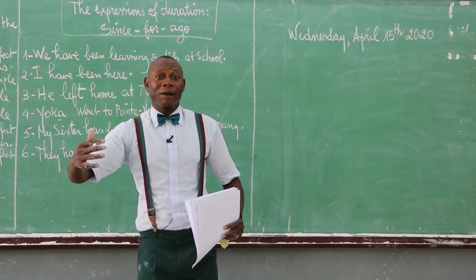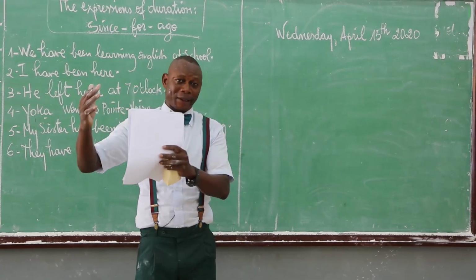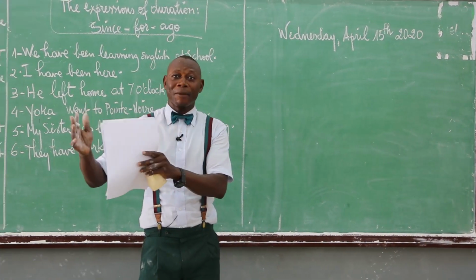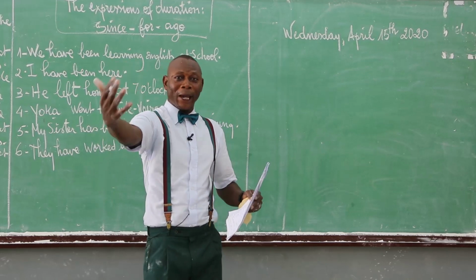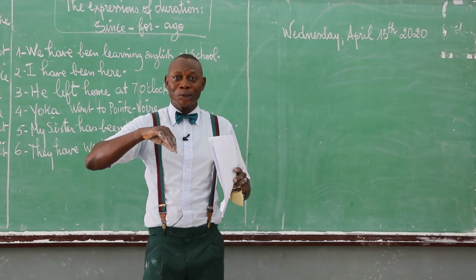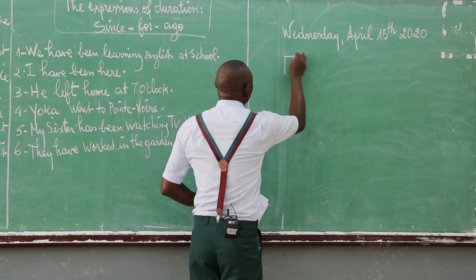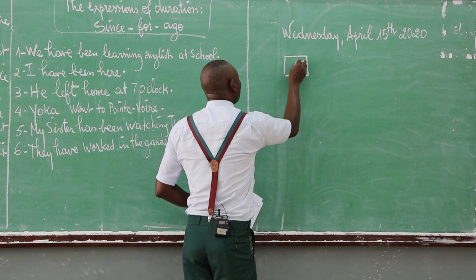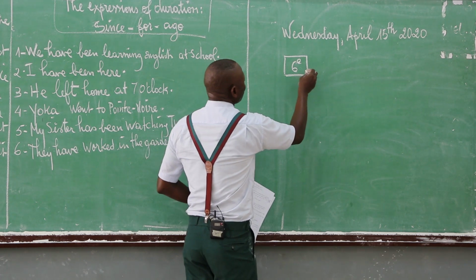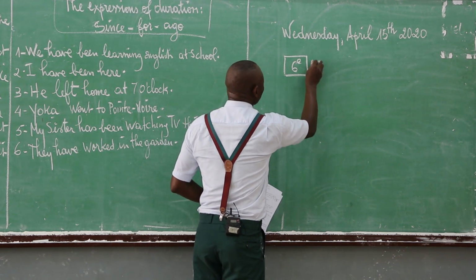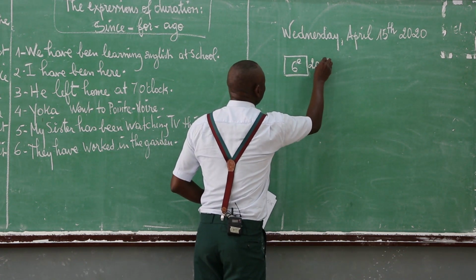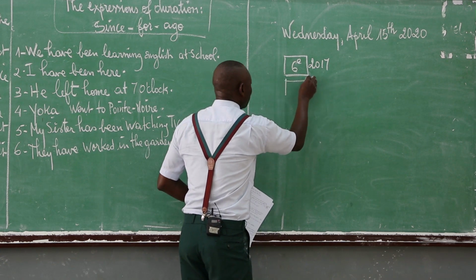Then after succeeding at your first exam, your first certificate, you came to the grammar school, to the college, okay? So you started school in the first form. It was in 2017. And then you moved, you succeeded here.